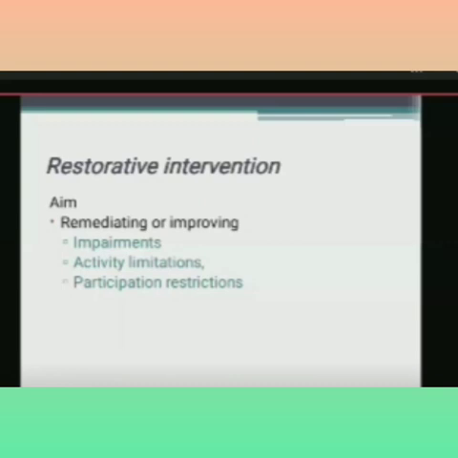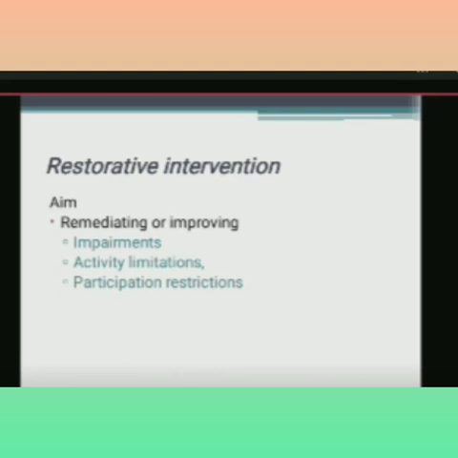Now we can restore it back. Acutely, when you are seeing a multiple sclerosis patient with an initial relapse remitting condition, this restorative intervention can be possible.